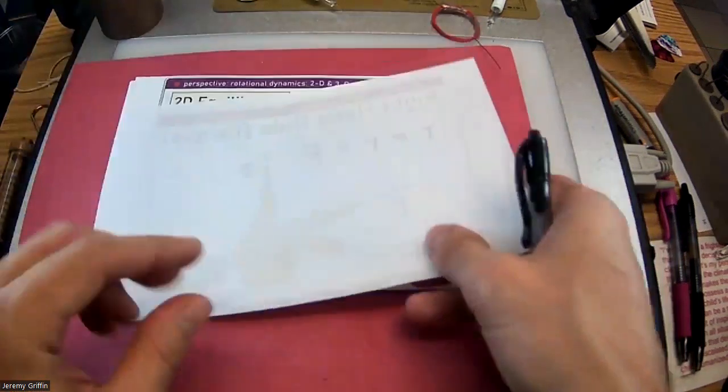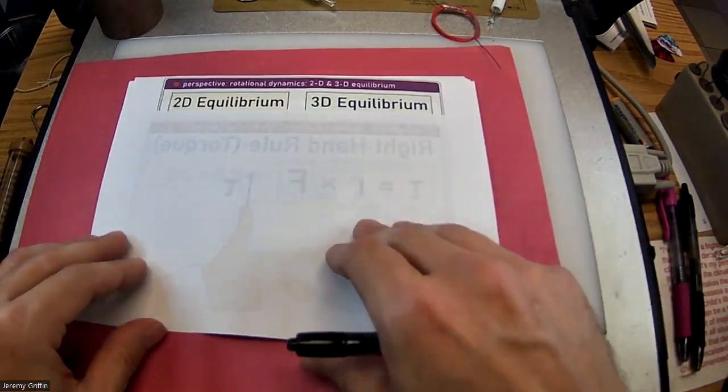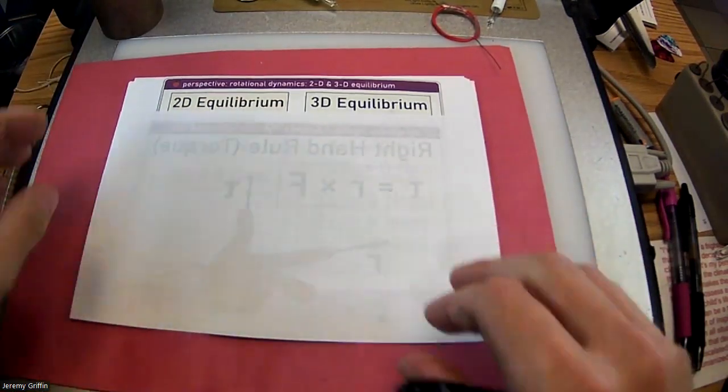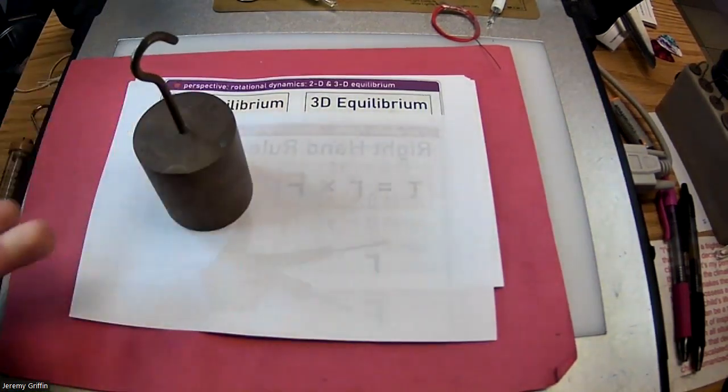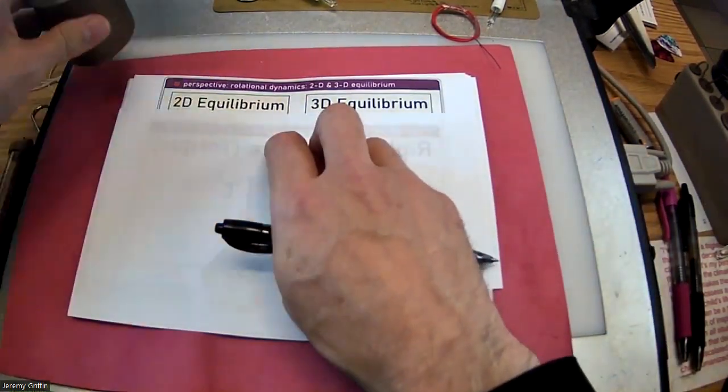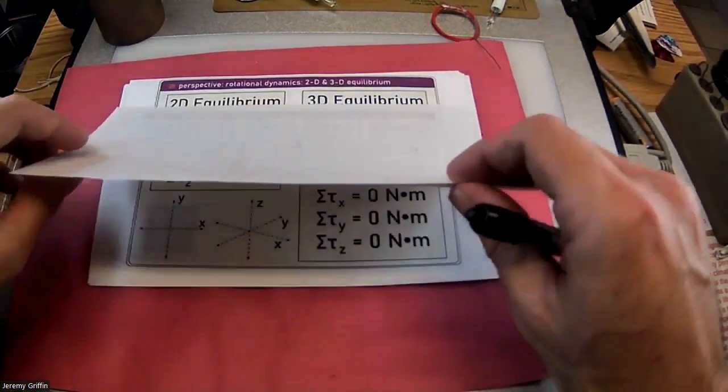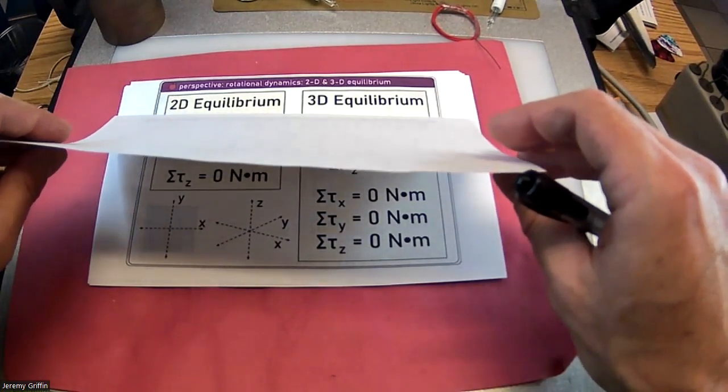Let's look at equilibrium here. Maybe we've got a point and I want to put it in some kind of equilibrium. Can you guys write down on your paper what some conditions for equilibrium might be? Write down all the conditions that you can think of. What would put something in equilibrium?